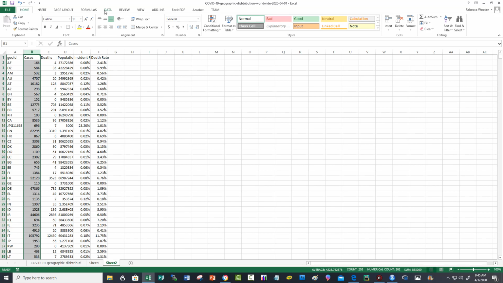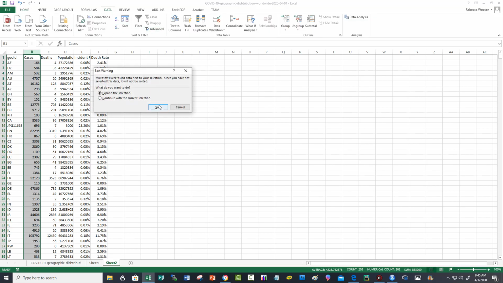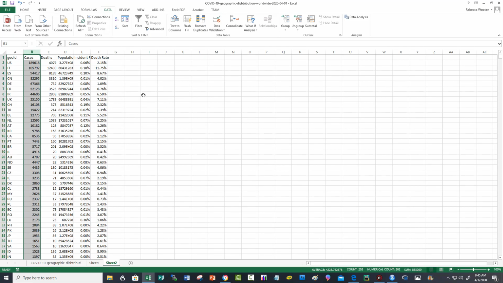So data, sort from high to low. Yes, I do want it to expand to everything or it'll disconnect the data. So the most cases have been recorded in the United States as of today. We have overpassed quite a few of the other countries in terms of incidence.